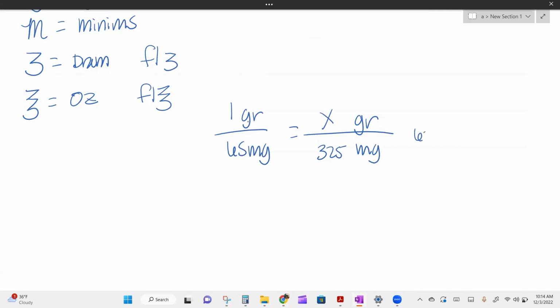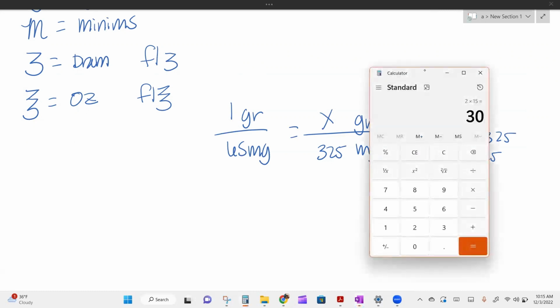So if we do 65x equals 1 times 325, we do the multiplication first. We get 325 over here. We want to get x alone.